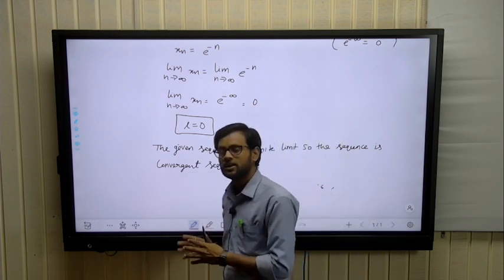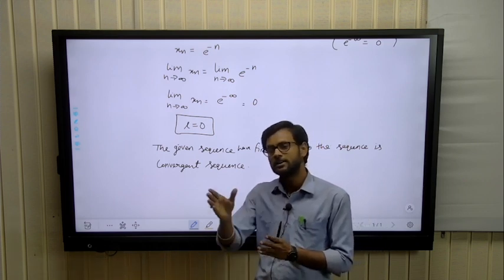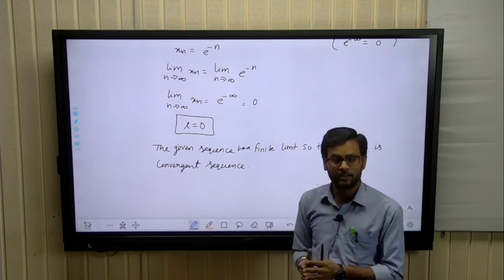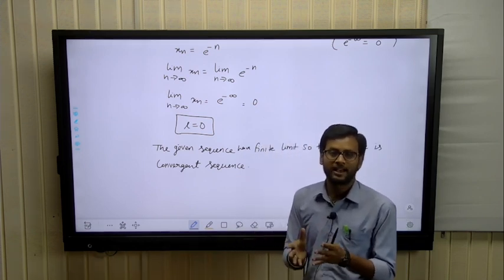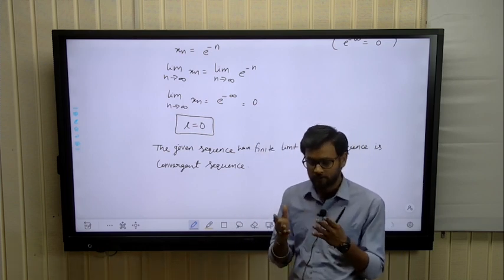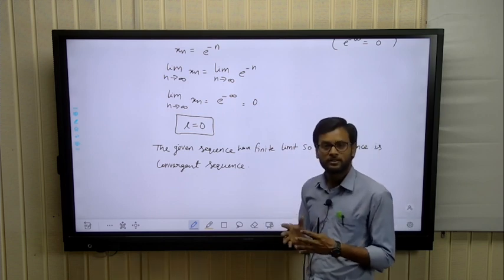Now the question arises: if the sequence has a finite limit, then we say the sequence is convergent. Suppose the sequence has an infinite limit, then what do we say about the sequence? Now we discuss the divergent sequence.